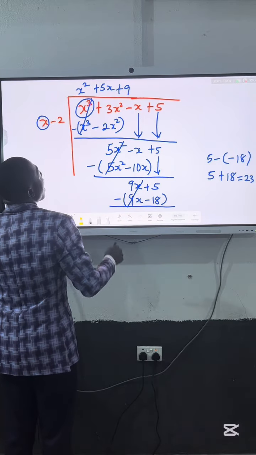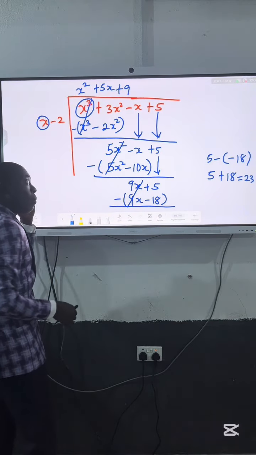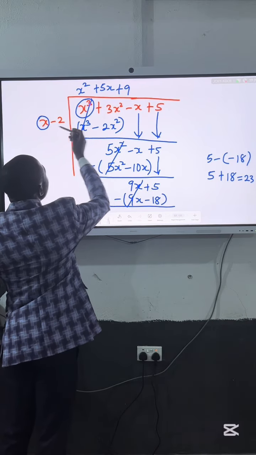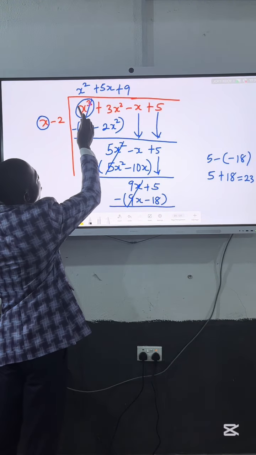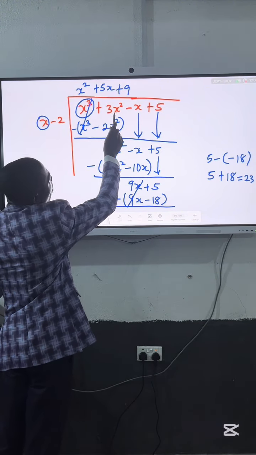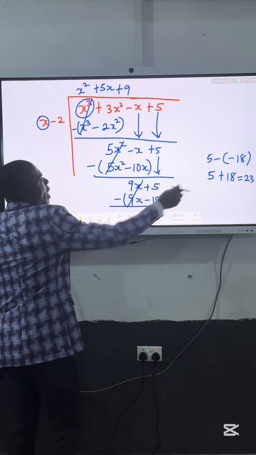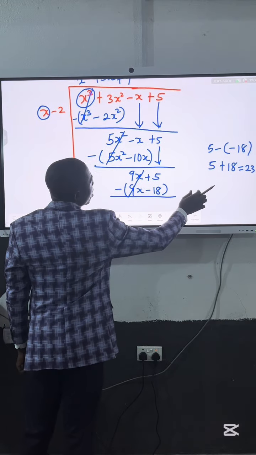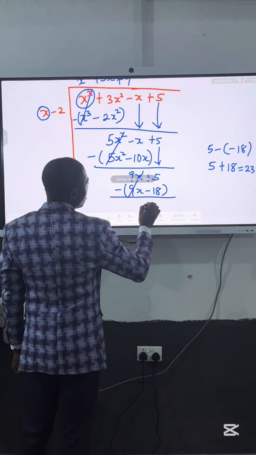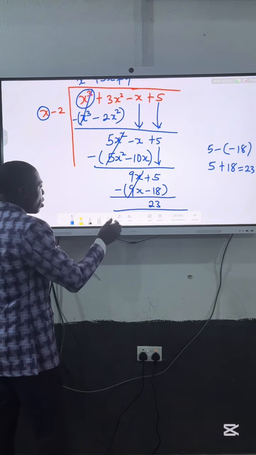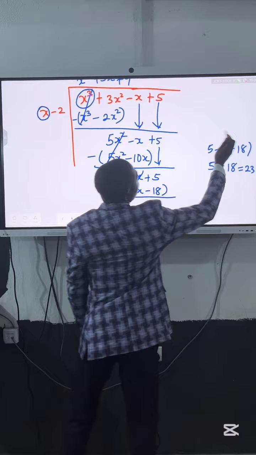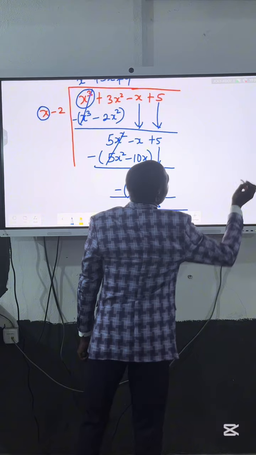Okay, that means that when this polynomial is divided by the divisor x minus 2, you are going to get x squared plus 5x plus 9 with a remainder of 23. So 23 is a remainder now after the division has been conducted. Okay? Alright.